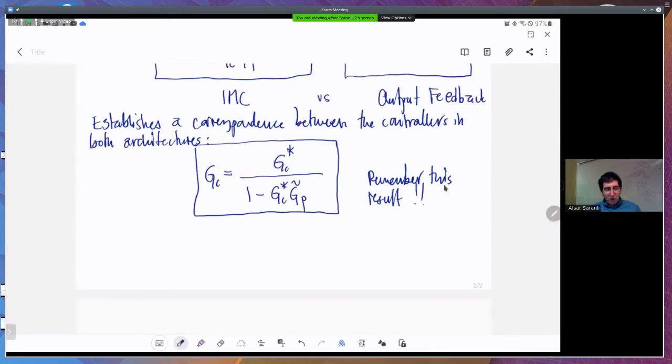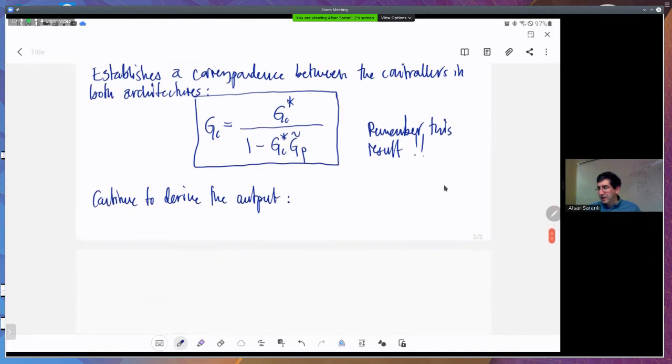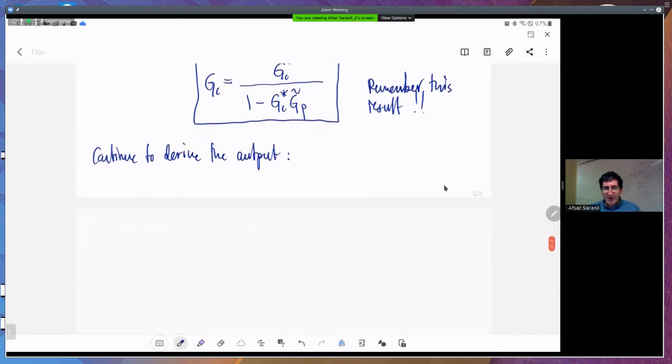Okay. So let's continue. Let's continue to derive the output, as we have done in the classical output feedback architecture.